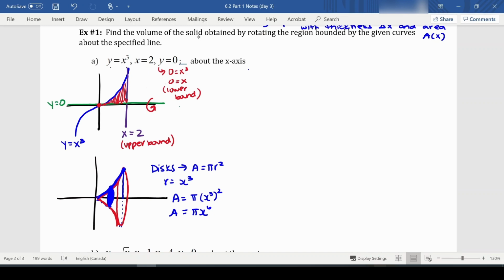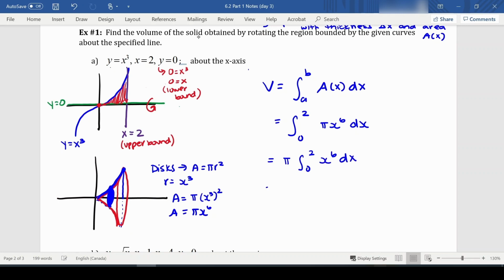Once we have that, we can write our equation for volume, which is the integral from a to b of A of x dx, since we are perpendicular to the x-axis. So this is going to be the integral from 0 to 2 of pi times x to the 6th dx. This gives us the same thing as pi times the integral from 0 to 2 of x to the 6th dx.